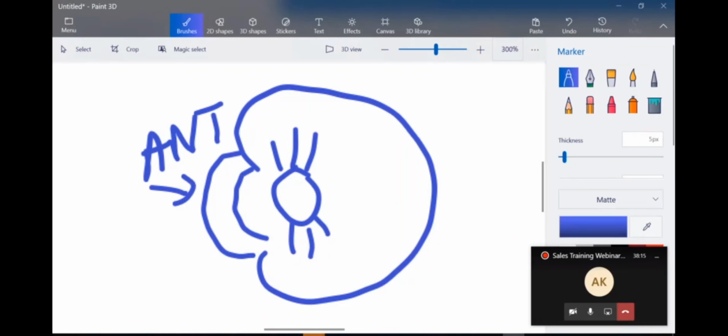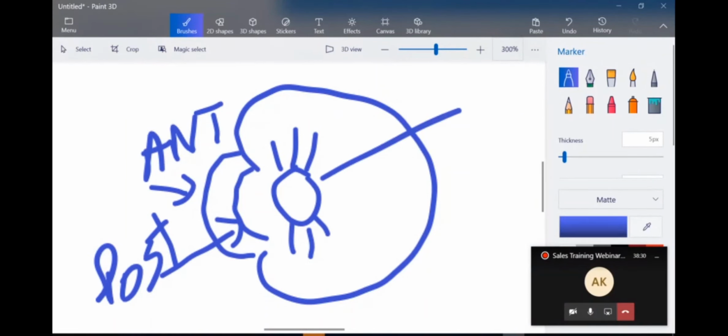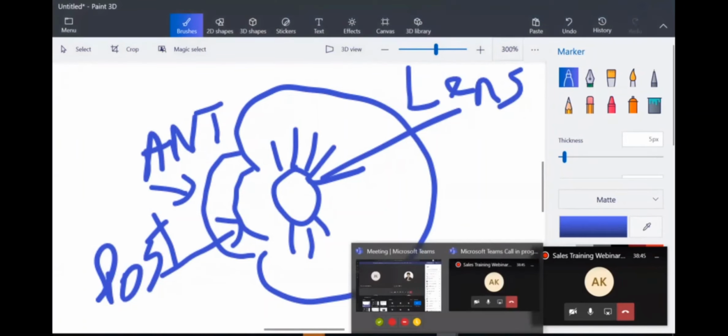Astigmatism can also happen on the posterior side of the cornea over here. Posterior cornea astigmatism, and then of course you have astigmatism on the lens that can happen as well. Okay, so those are the different parts of the optical system that can create problems with astigmatism.